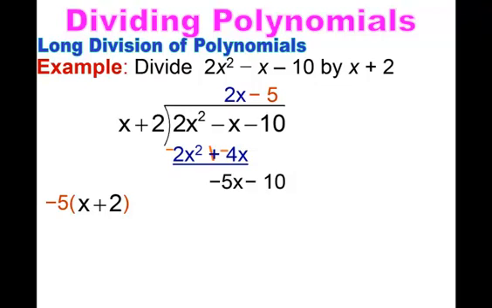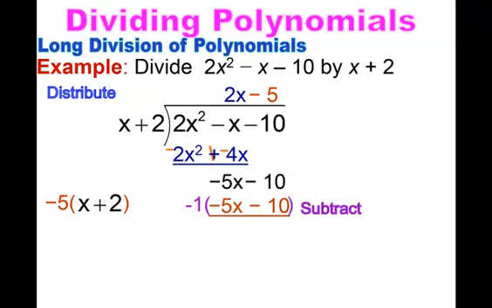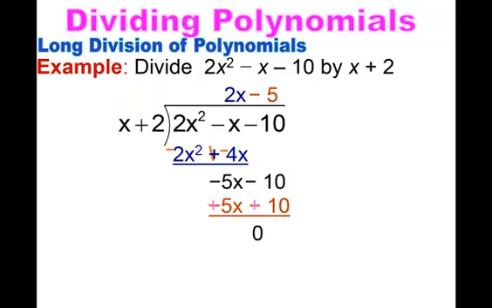So you're going to multiply the negative 5 to the x plus 2, which uses the distributive property, and you're going to end up with a negative 5x minus 10. You need to subtract, so you're going to end up distributing a negative or changing the signs of everything, and then you add down and you end up with 0 as your remainder. So in this case, your solution is going to be 2x minus 5.